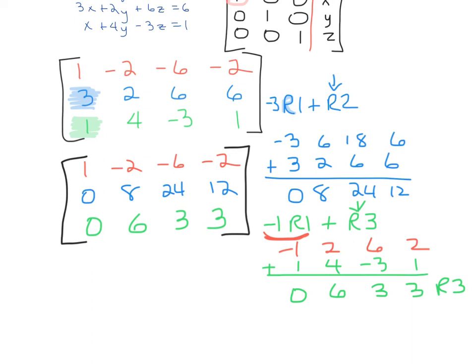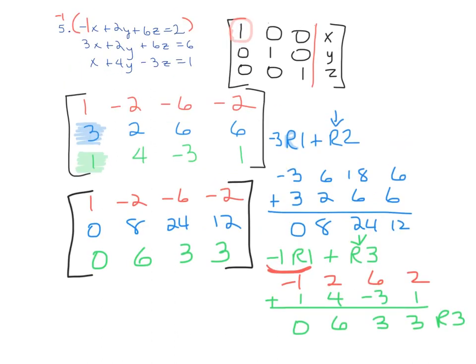All right, so now we're moving to row 2. Now, when we did the other ones where we only had 2 columns, I went to the bottom first. But I'm going to the one where I want to change it to a 1. So see in my identity matrix up here, this is the one I'm going to change first, the 8, because that's the one that needs to become the 1.